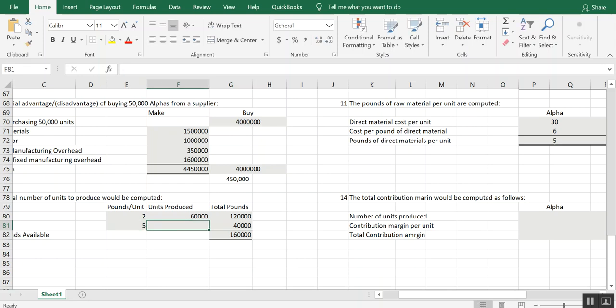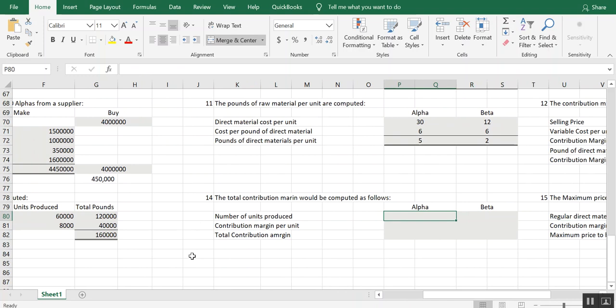And in order to figure out how many units we can produce, we just take the pounds of material we have left and available divided by the number of pounds per unit, and we come up with 8,000 units of alpha. That's what we can manufacture to maximize our profit. So the ideal product mix would be 60,000 units of beta and 8,000 units of alpha.